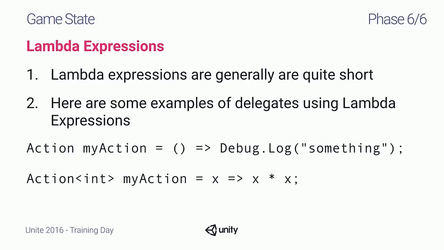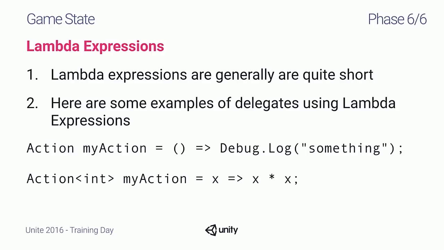As I said, Lambda expressions are generally quite short, and they can be used to add to a delegate. So here are some examples. We've got action, my action, equals, and then open close parentheses, then the arrow, and then a debug log. So those open close parentheses are an example of a Lambda function with no parameters.